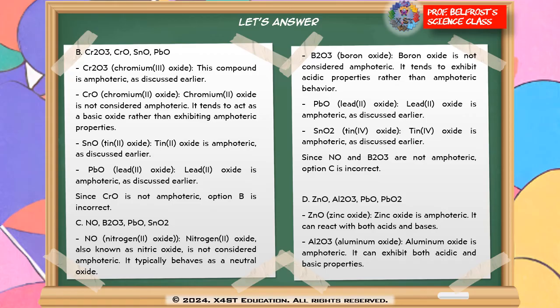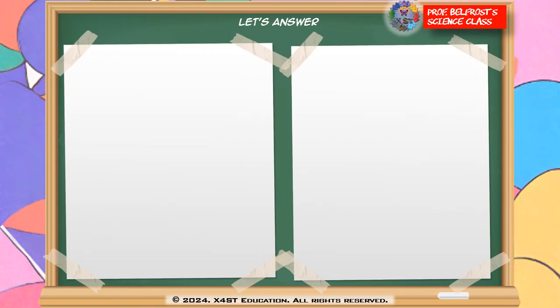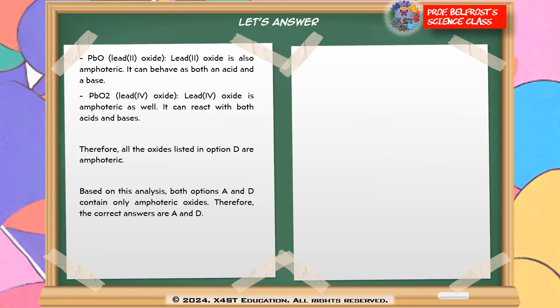This is amphoteric. It can exhibit both acidic and basic properties. Easy, right? How about lead 2 oxide? Lead 2 oxide is also amphoteric. Lead 4 oxide is also amphoteric. So all the compounds shown in option D are amphoteric oxides.